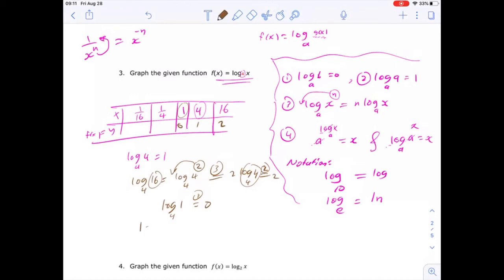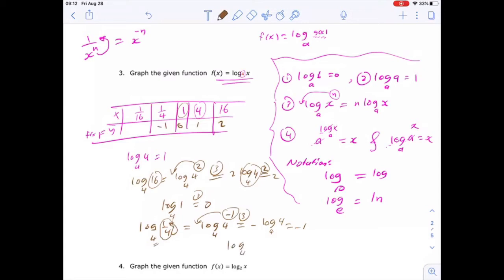Now the other values. What about log base 4 of 1/4? We can bring this up here to get log base 4 of 4 to negative 1. We always try to write the expression inside the log as the base raised to some power. So 4 to negative 1, we bring the negative power, negative 1, here. We get negative log base 4 of 4, using property 3, right? So this is negative 1.